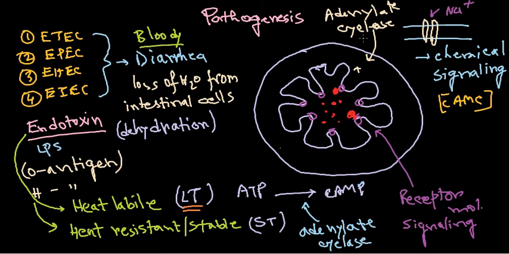And as the concentration of adenylate cyclase goes higher and higher, it will convert more ATP into more cyclic AMP. So eventually we will be ending up with more and more cyclic AMP inside.